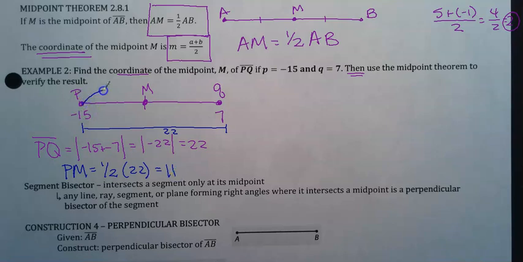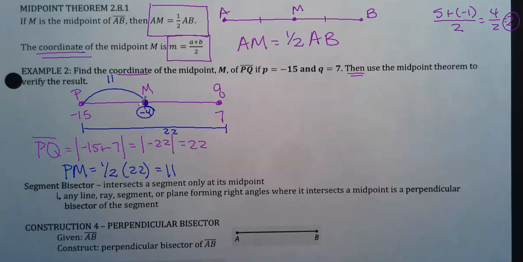From -15, we have to come back 11 to find the coordinate of M. So what's -15 if we're moving 11 to the right? -15 plus 11 would be what? Good, it'd be -4. So that's one way we can find the coordinate of the midpoint.